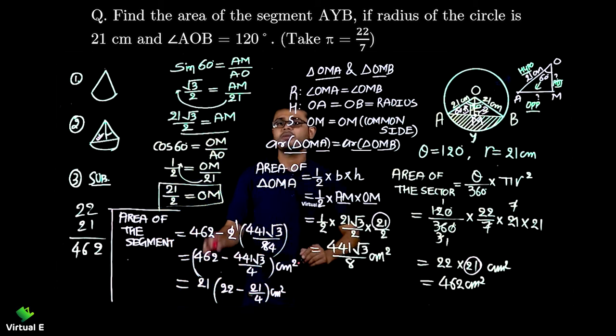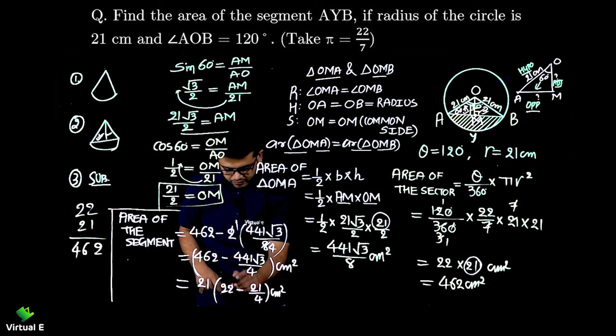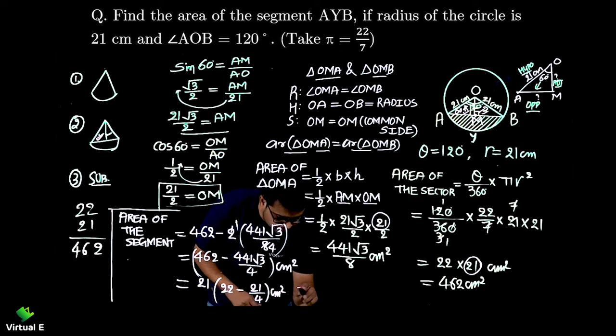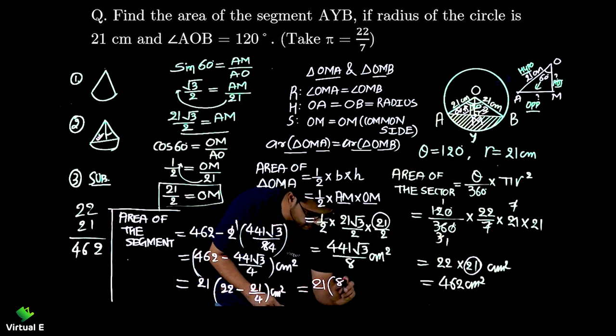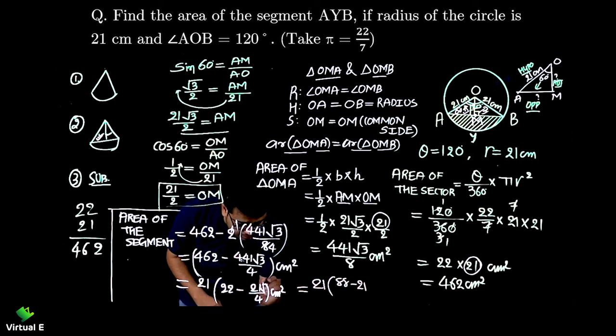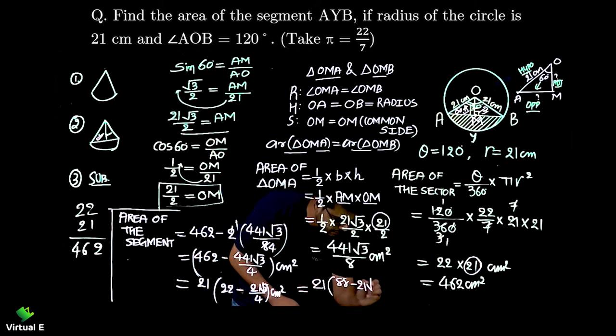Now you want to get the common denominator as well. So this 4 will be multiplied with this. So that will be 21 out, 22 into 4, that will give you 88 minus 21, here root 3 will be there, 21 root 3, denominator 4 centimeter square.